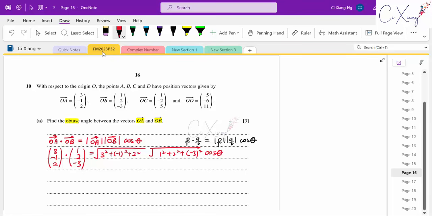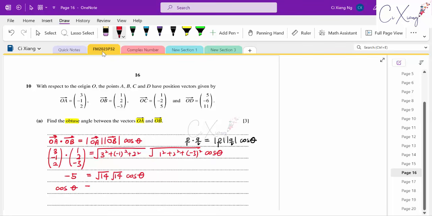We try to calculate the dot product between OA and OB. So 3 times 1 is 3. -1 times 2 is -2. So 3 minus 2, you get 1. Then minus 6, because 2 times -3 is -6. So 1 minus 6, you get -5. So for this, I'm having -5 as the answer. Then on the right, if I simplify everything, I'm having square root 14 and also square root 14, then cos theta.